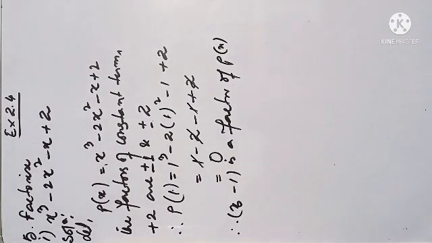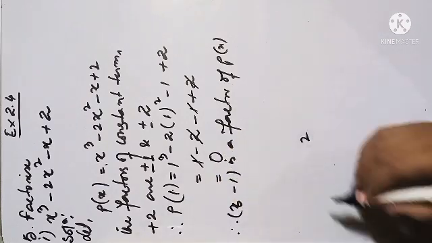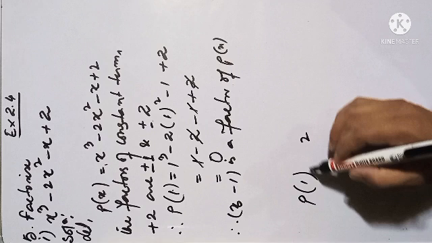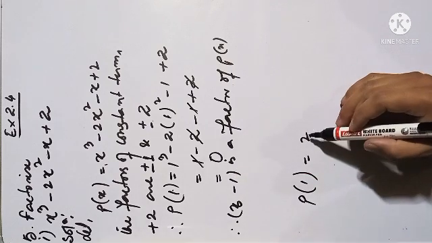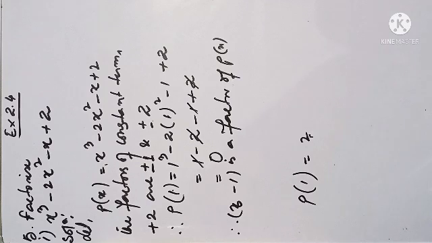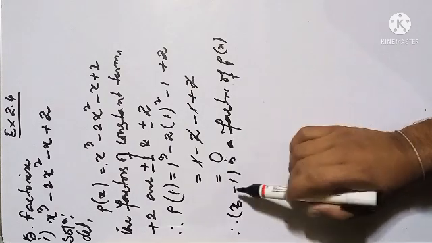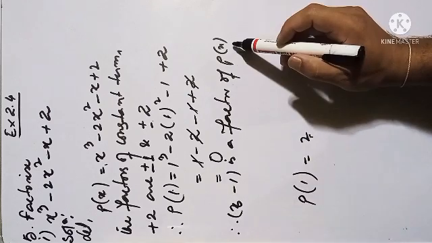Okay, I'll give you an example here. When you find this p of 1, instead of getting 0, if you get here 2, then x minus 1 is not a factor. Okay, first we put here p of 1, I get here 0. That means x minus 1 is a factor of p of x.